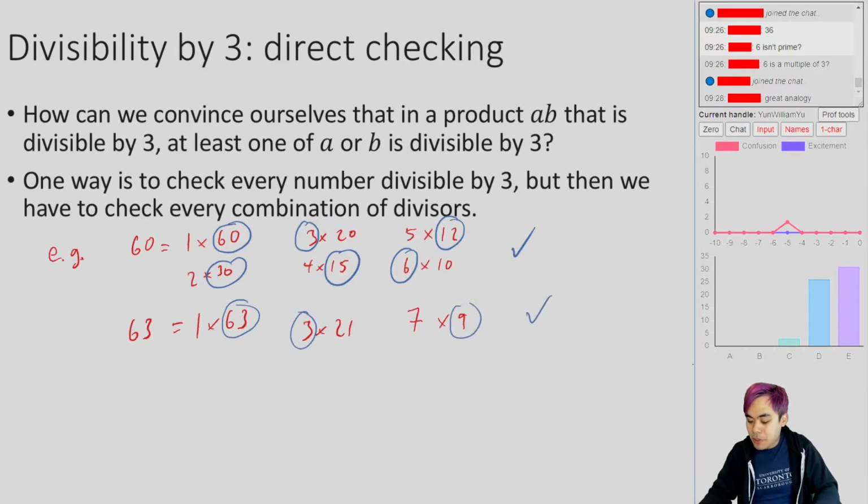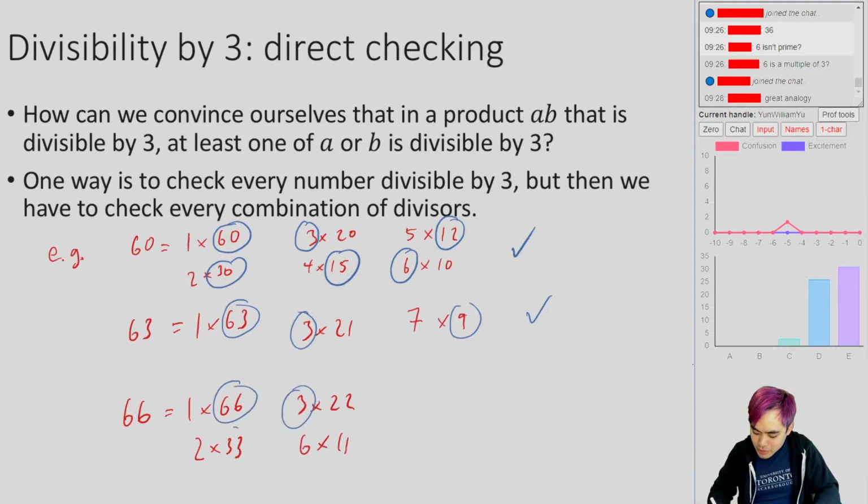And if we keep on going, what's the next number divisible by 3? 66. It's equal to 1 times 66, or 2 times 33, or 3 times 22, or 6 times 11. And then we can check again, so there's 66, 3, 33, 6. And so that works.